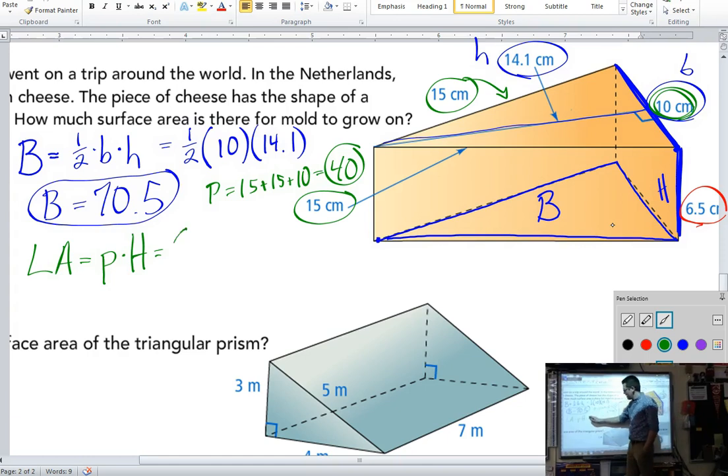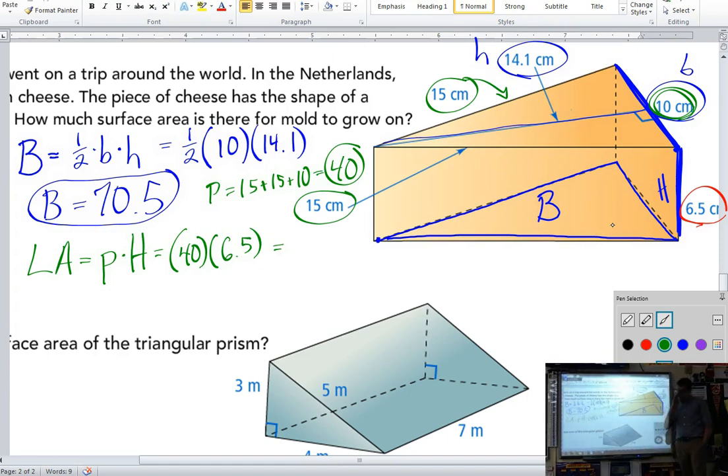I know my perimeter is 40. The height of my prism is the distance between those cloned bases, 6.5 in this situation. 40 times 6 is 240, plus another half of 40 is another 20. So we get 260.